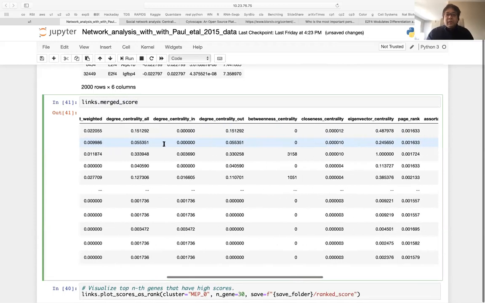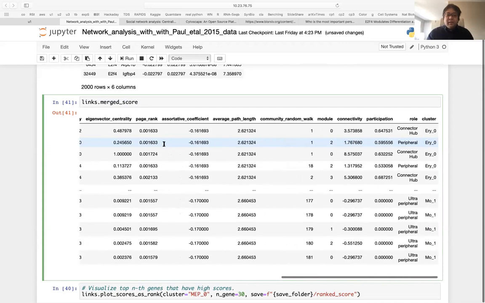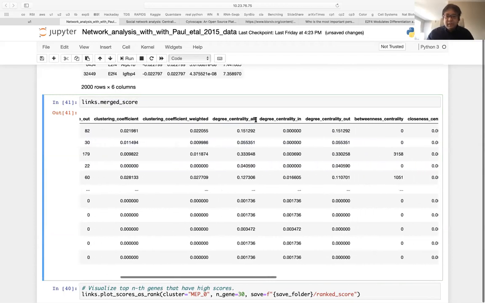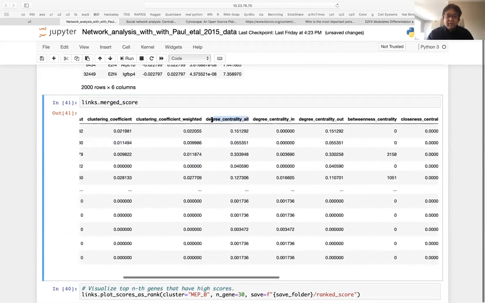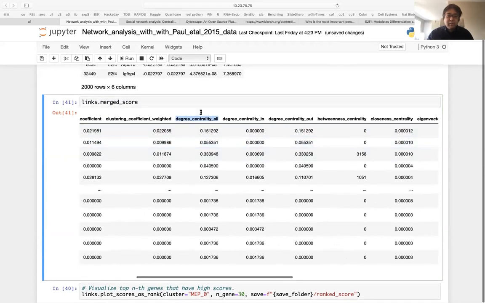Okay, so here I do not explain every detail of these network scores, but in brief, for example, there is the degree score, or degree centrality. This one is one of the most important scores, so let me explain this one first.